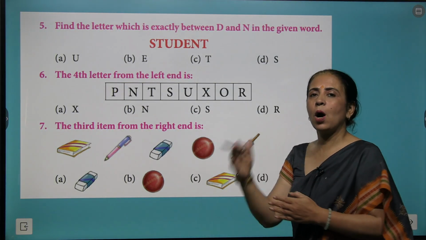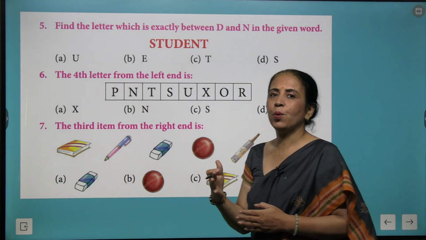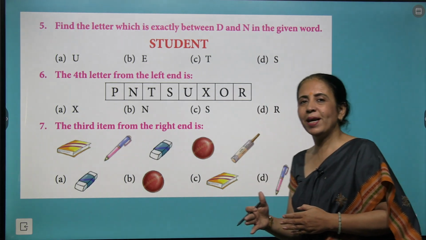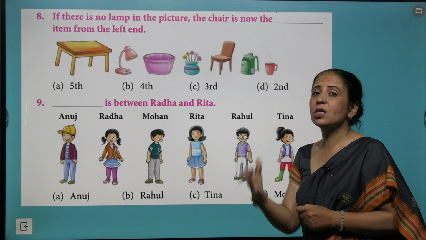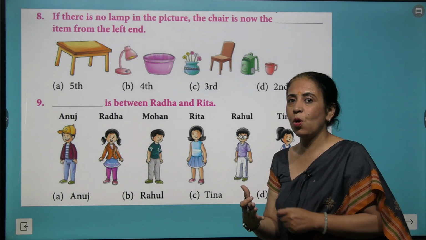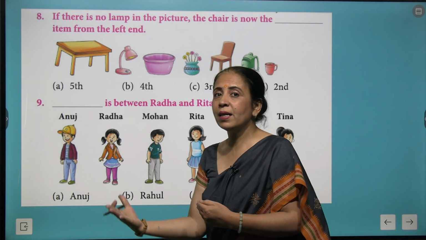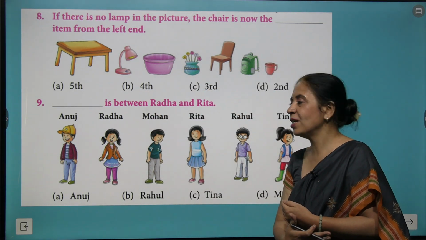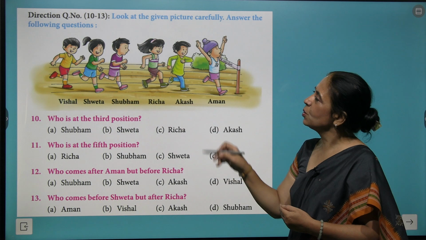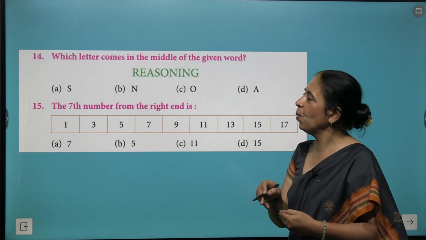Understood? So this is how we are moving, and we are going to practice so many questions which are on your way. That is going to just develop your sense of reason behind the starting point and reaching the particular location. Understood? So please do these questions on your own.